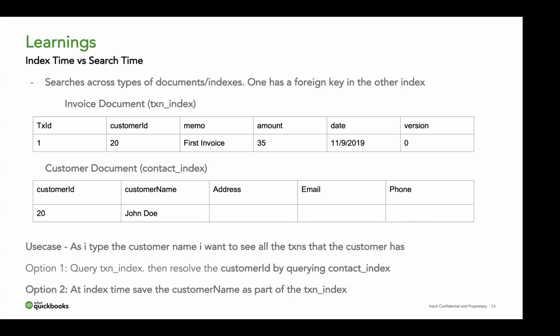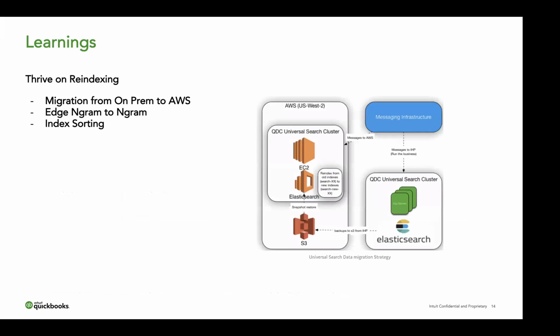So what we had to do was at index time, we took the call that we are going to persist the customer name with the invoice so that at search time, we don't take the hit of performance. Otherwise, we'll have to do some kind of join between the two documents to provide this capability. So we did this at index time so that the search is faster. So we had to take this call.